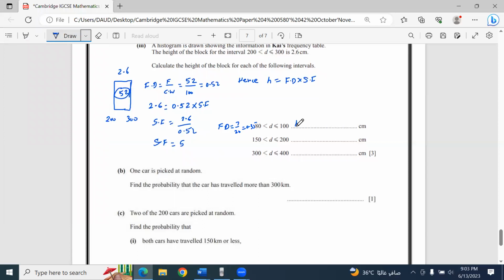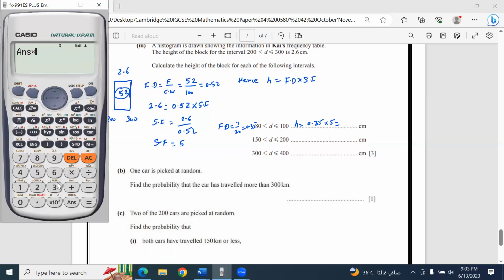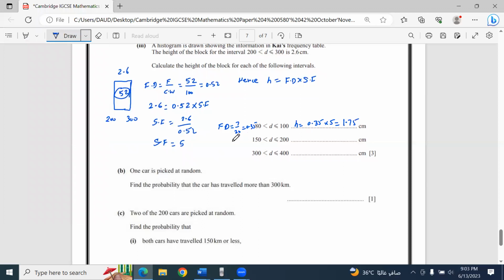So here height is equal to frequency density, which is 0.35, multiplied by the scale factor. And when you multiply by the scale factor, you get the height, which is 1.75.